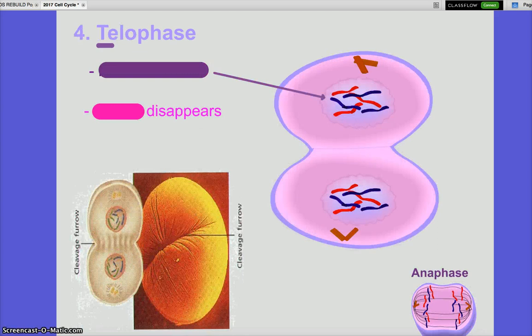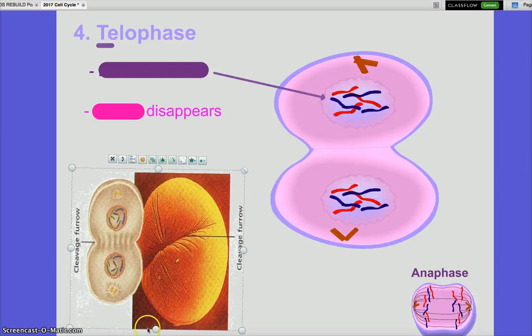The last phase of mitosis is telophase. T for telophase, T for telephone. We don't want to think two yet because two has to be cytokinesis. We're still together. Or you could say two together.